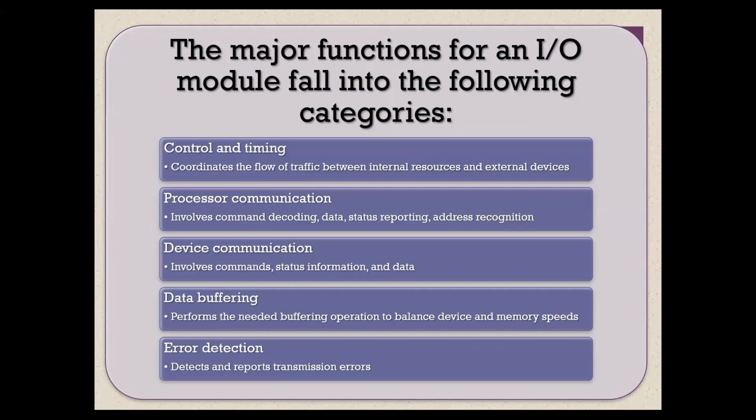In a fixed head disk, for example, the transducer is capable of converting between the magnetic patterns on the moving disk surface and the bits in the device's buffer. A moving head disk must also be able to cause the disk arm to move radially in and out across the disk surface.